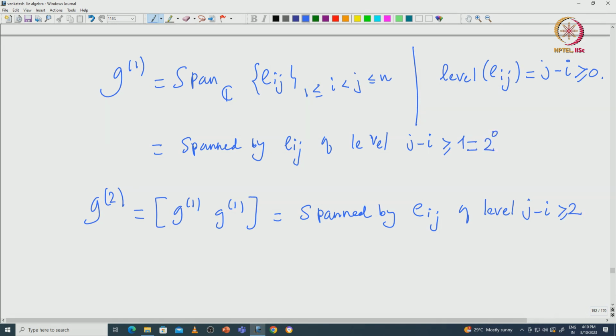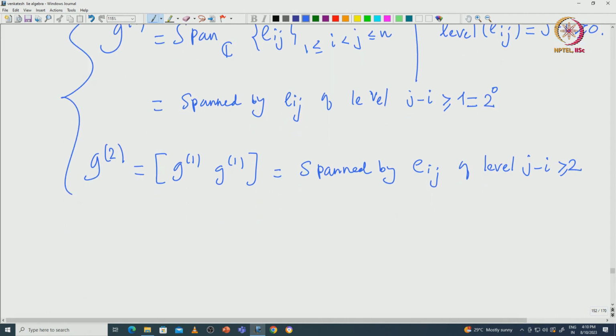So, this actually somewhat allows you to make a conjecture, which again is not very hard to prove. So, I will leave it to you to verify.